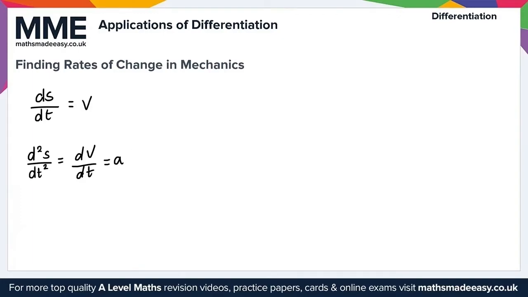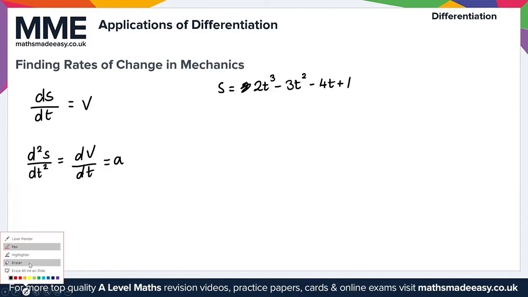So for example, let's say we have an equation for the displacement, s equals 2t cubed minus 3t squared minus 4t plus 1. Okay, so that's our equation there for displacement. Now we can find an equation for the velocity. The velocity is found by differentiating s with respect to t.